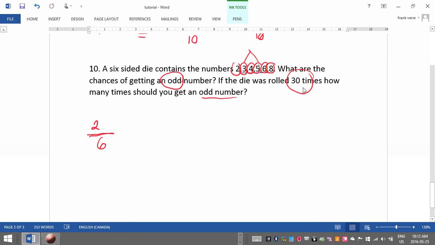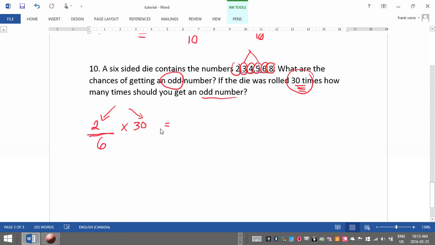Now, if you want to know how many times it should come up if we played 30 times, remember it's the chance of it happening once, which is 2 in 6, times the number of times we play, which is 30.